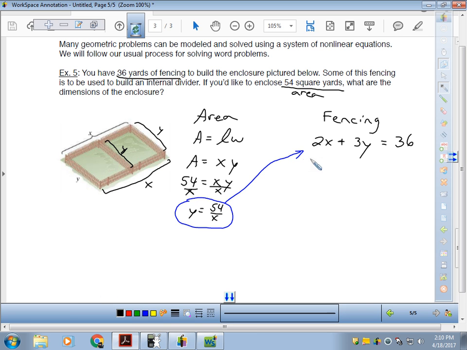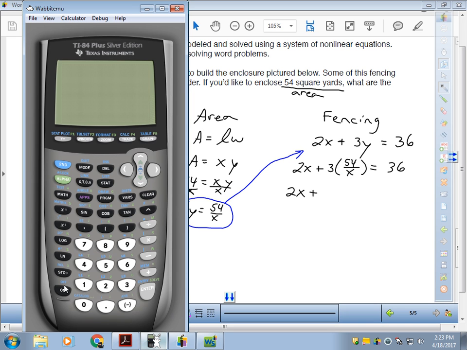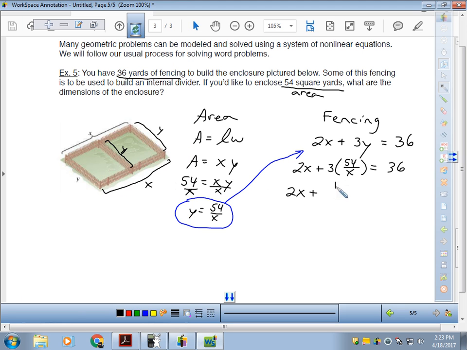So we have 2x plus 3 times, and instead of y I have 54 over x, equals 36. So I have 2x plus, I need to figure out what 3 times 54 is. So my calculator, 3 times 54 is 162 over x equals 36.